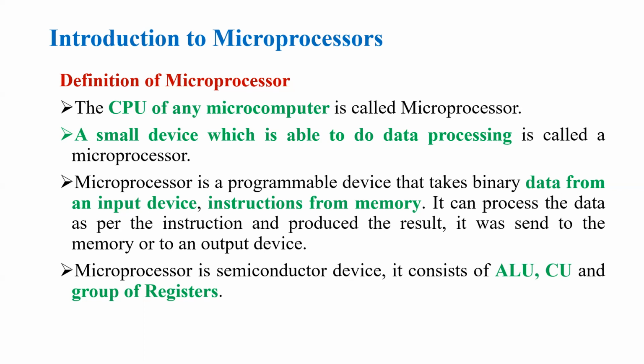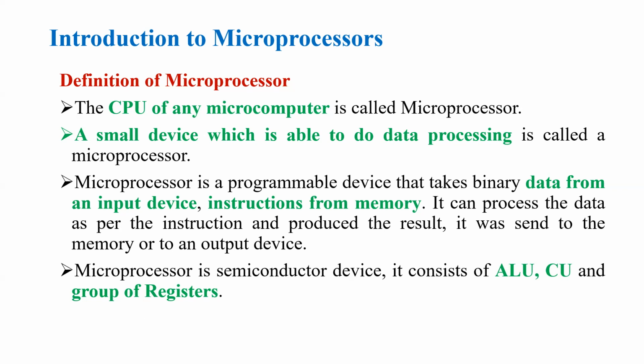Basically, this definition speaks about the functionality of a microprocessor. In the first definition, we already said that a microprocessor is a CPU, and the CPU can execute programs. Similarly, here the processor takes binary data from an input device and instructions from the memory, processes the data according to the instructions, and produces a result, which is sent back to the memory or to an output device.